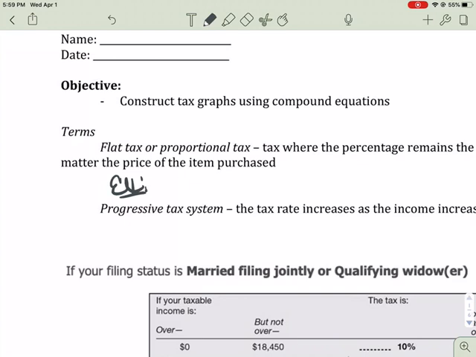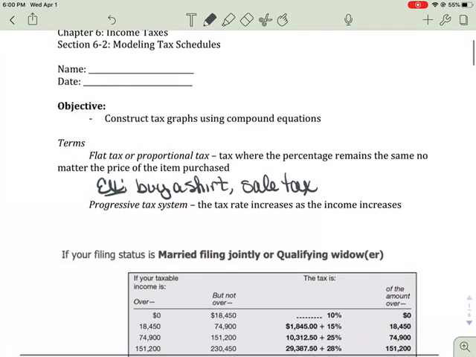In Pennsylvania, we pay 6% tax on goods, so that would be when you buy a shirt. There's sales tax, and it doesn't matter the cost of the shirt. You can buy a $10 shirt or you can buy a $50 shirt. You're still paying 6% tax. That's called a flat tax or proportional tax.